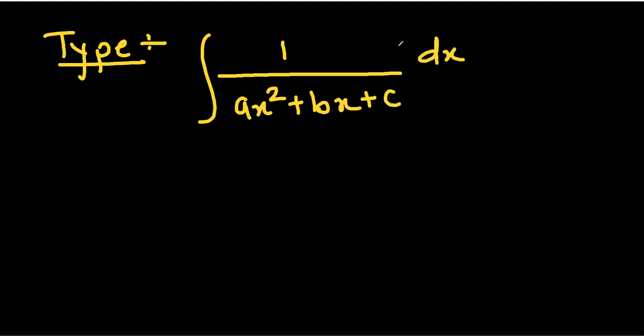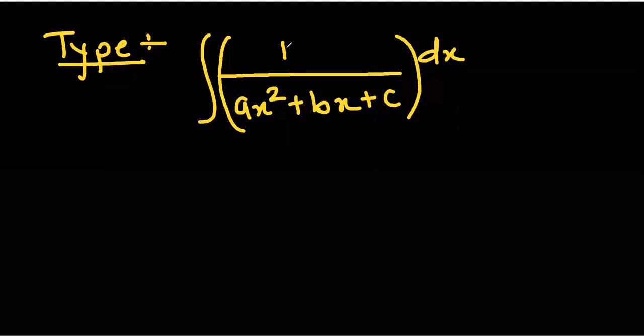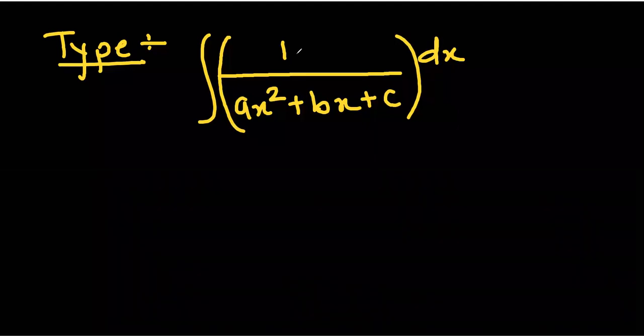What is the type? No, this is not the type. I know what you are thinking. You are thinking that we have already done this problem. This is 1 upon quadratic which I wrote. This type, 1 upon quadratic ax square plus bx plus c, has already been done.